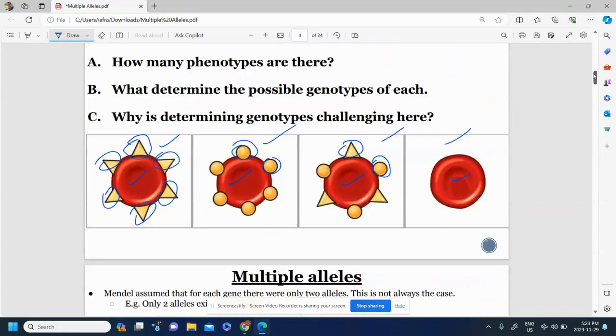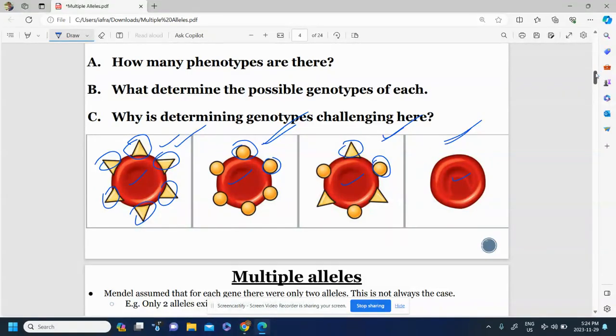You'll see over here there's way more than 2 phenotypes. There's 1, 2, 3, 4 different phenotypes, which is weird because you'd think there'd only be maybe 2 possible ones. If there's incomplete and codominant, maybe 3 possible phenotypes. But there's more than we can explain if there's only 2 different versions of a gene.